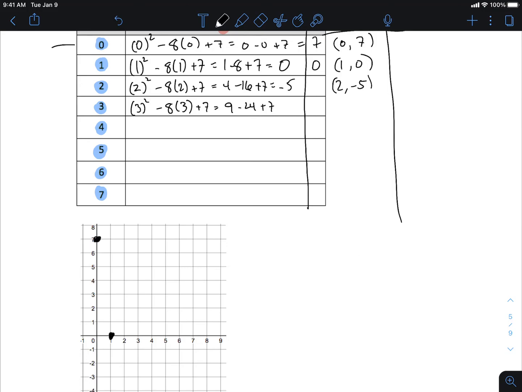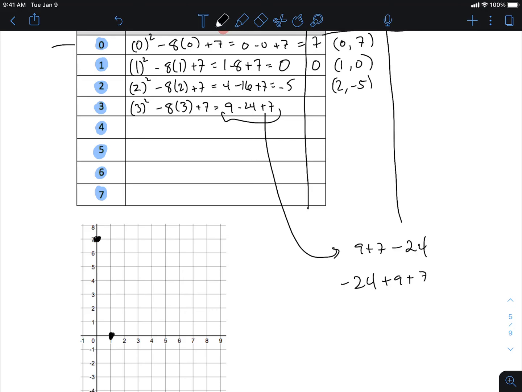9 minus 24, right? We should get a number, whatever that number is, plus 7. Or you could think of it like, if I wanted to, I could go 9 plus 7. That's a little bit easier, and then minus 24. Or you could go minus 24 plus 9 plus 7. All of those are going to give you the same answer. You can write this in whatever order you want, right?